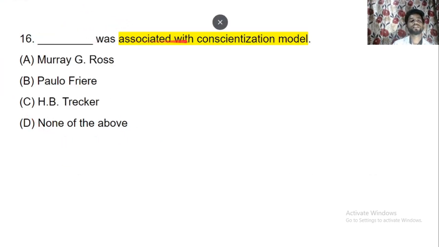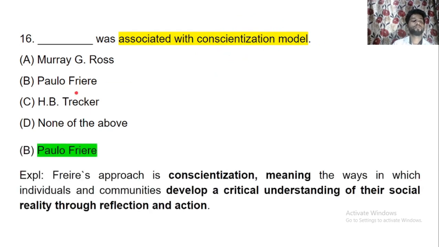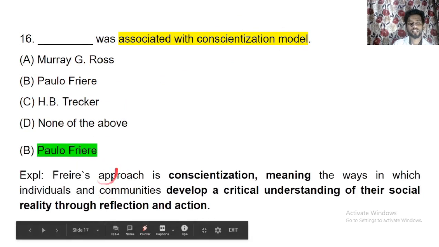Now, the conscientization model was associated with whom? We know that Paulo Freire's approach is conscientization, meaning the way in which the individual or community develops a critical understanding of social reality.